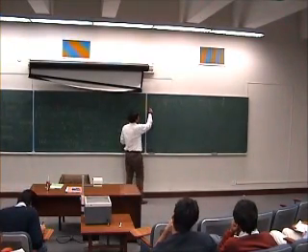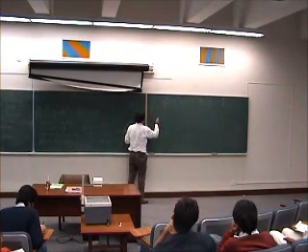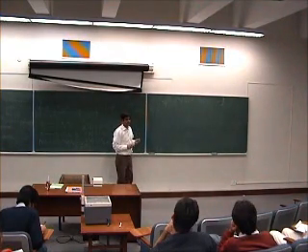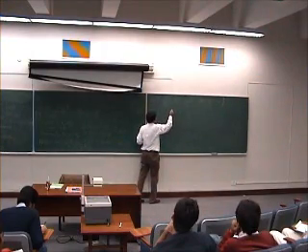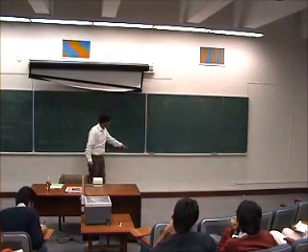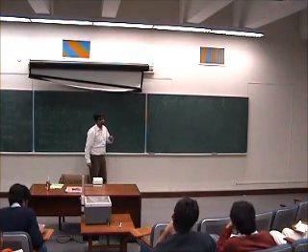So we know that when Iz acts on alpha, the answer should be h bar over 2 into alpha.